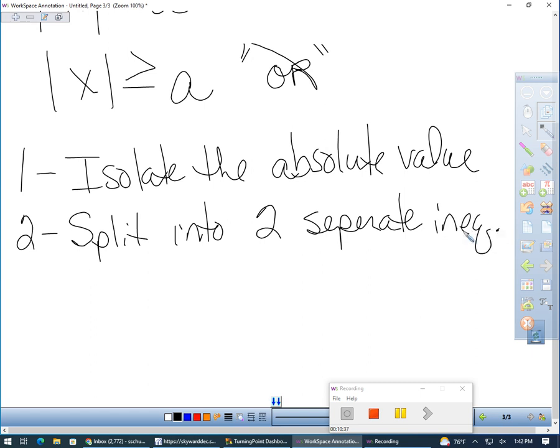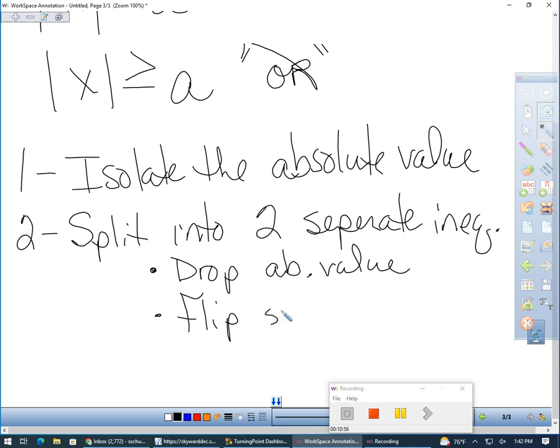I'm going to abbreviate inequalities there. The first one is exactly like you see it. So in the first one, just drop the absolute value. The second one, you're going to flip your sign and make it negative.